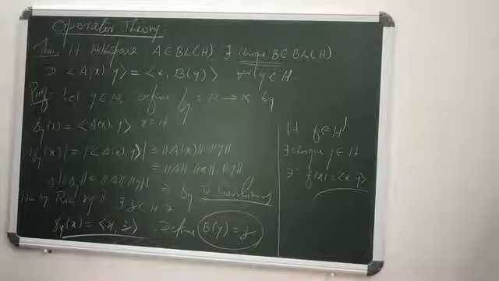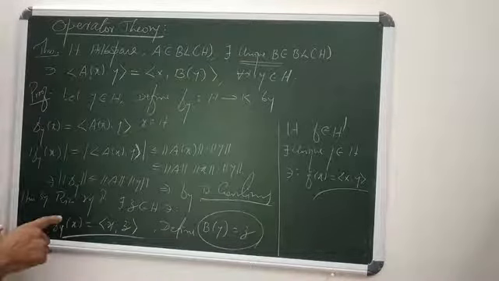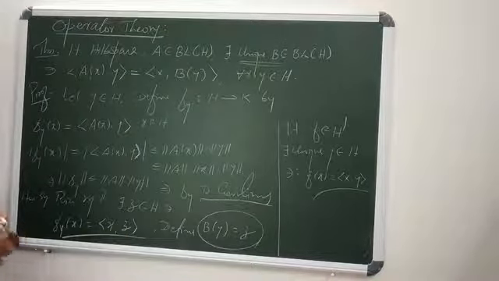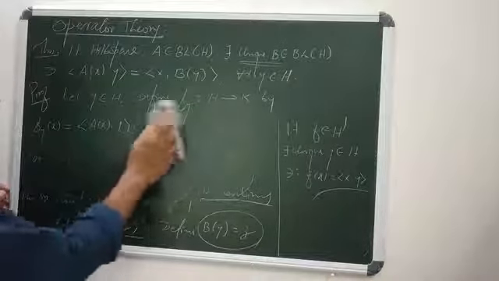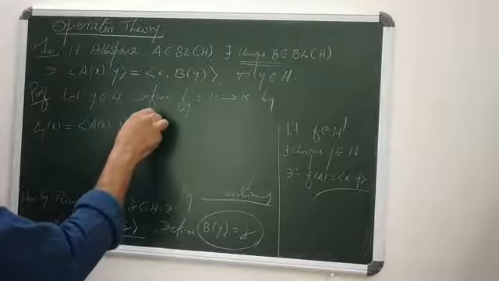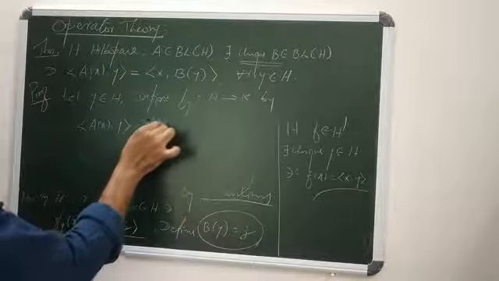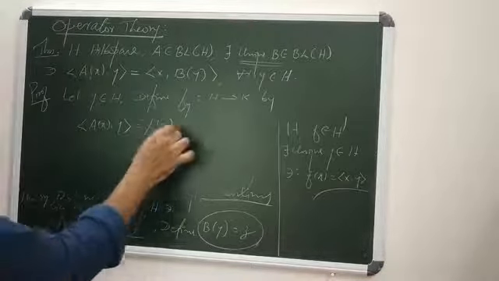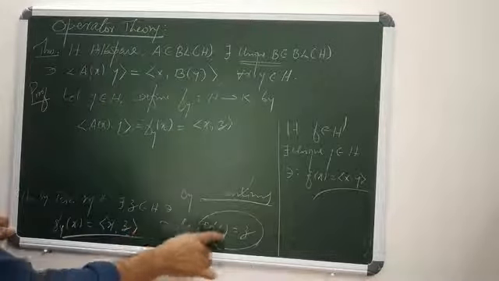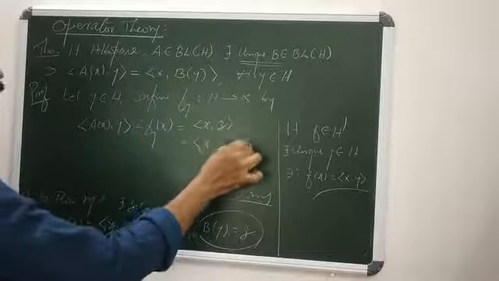Therefore, here we get Fy of x equals inner product axy. Moreover, Fy of x equals inner product xz. So we can conclude that Fy of x equals inner product axy, and it is defined. But this Fy of x equals inner product xz, and we know z equals B of y, so it is inner product x B of y.